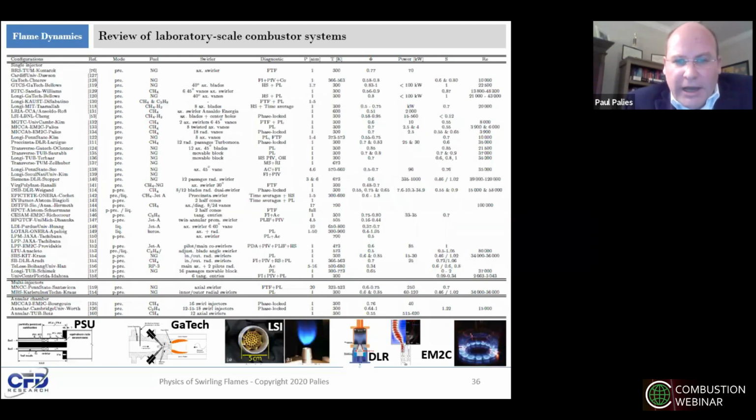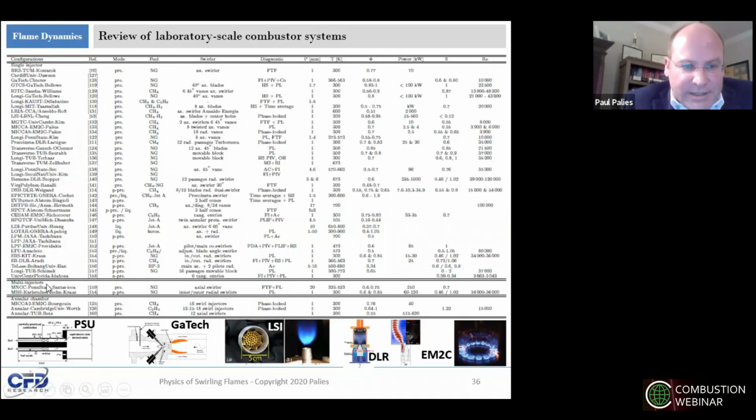Most of those are premix operating with methane. I try to characterize the swirler that was used, the diagnostics that were used, and this gives an overview of the key landscape.